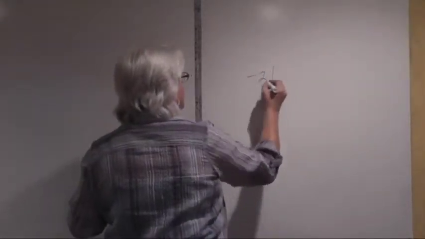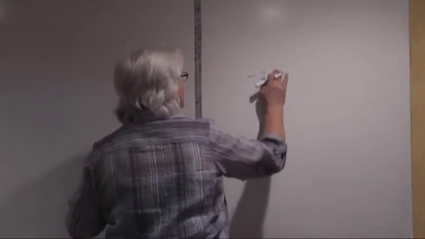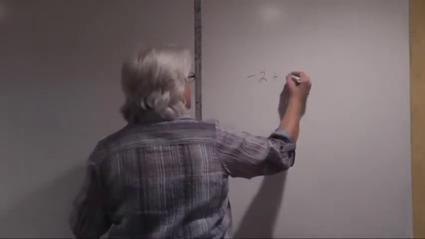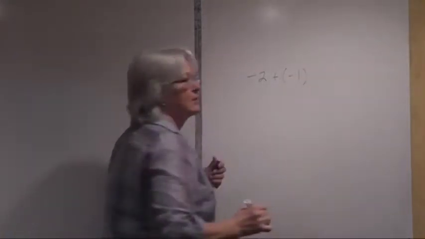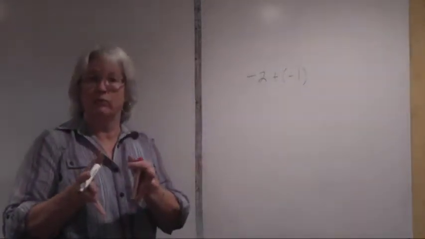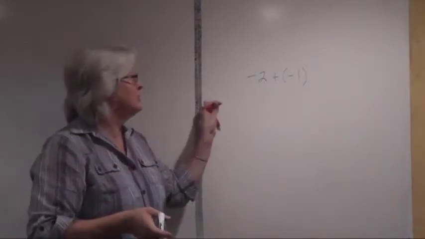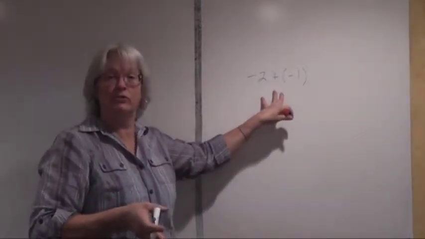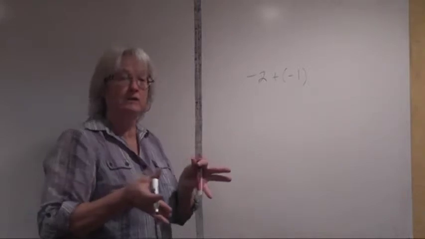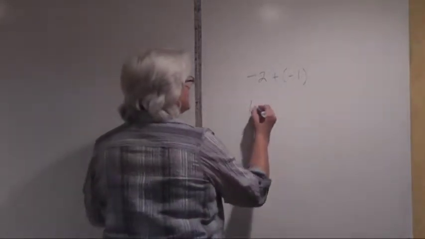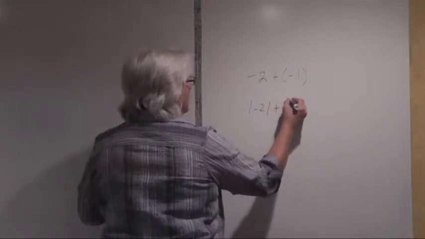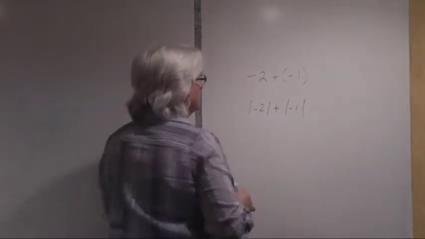Let's make a new number. We have -2 plus a -1. And what we just said, I read from the rule in your book, says if we're going to add together two integers that have like signs, what we do is add together the absolute value of those numbers.